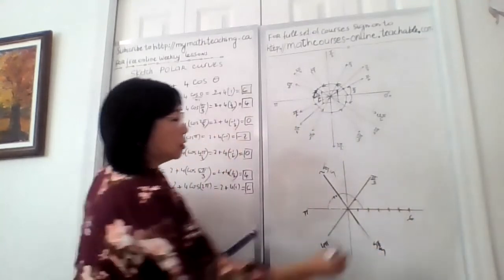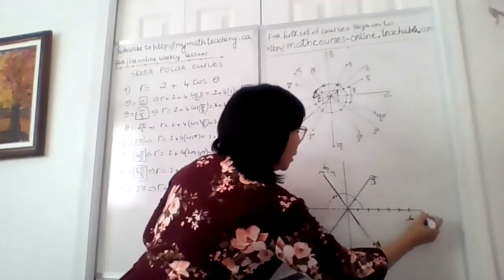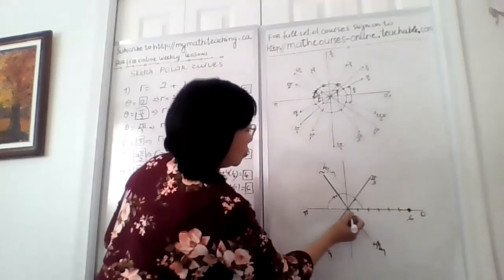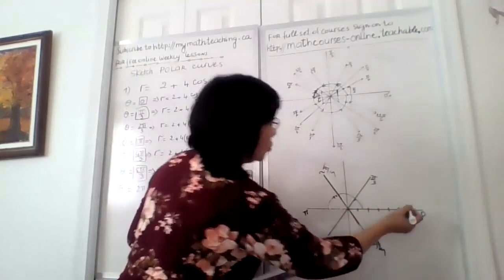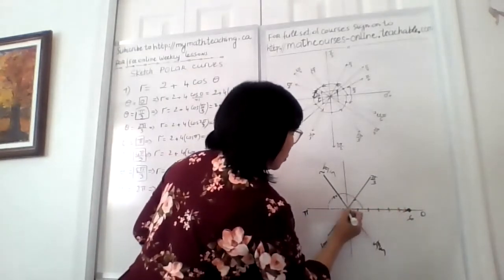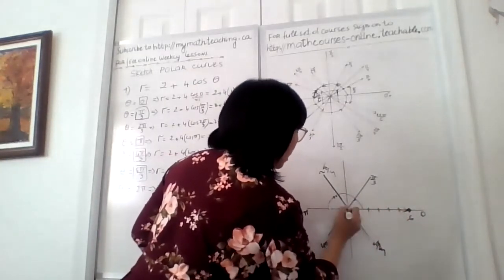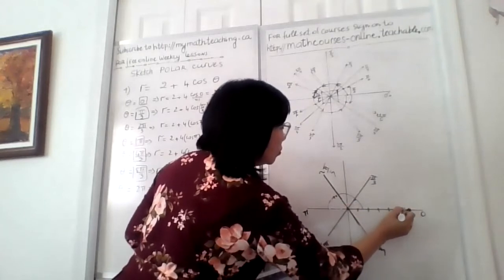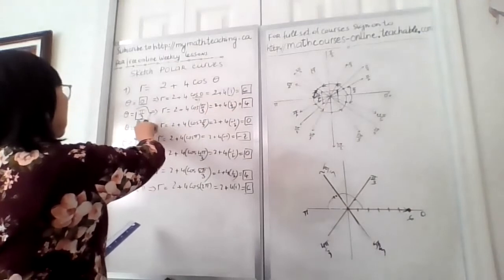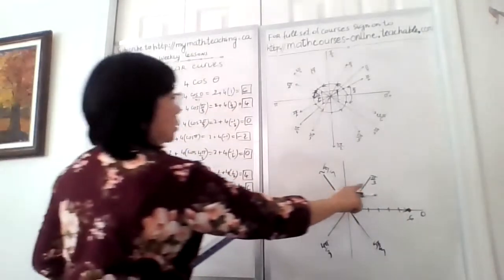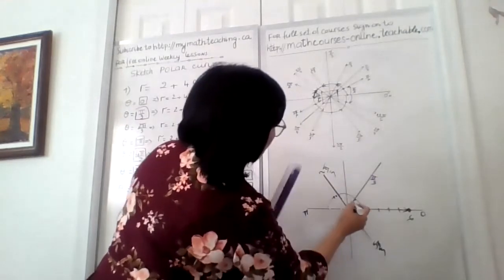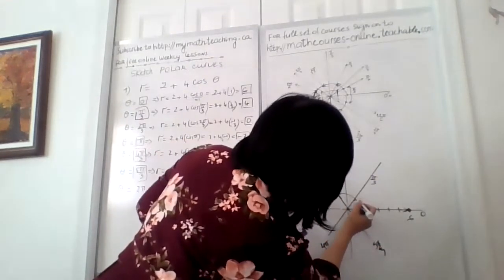So this is 6. So when I plot the point at theta equals 0, we plot the point r equals 6. So the r is from here on the way to here. And let's put the arrow so that we know the direction we go, right? If theta equals 0, we start from 6. Now we go to pi over 3, which is this line, this radius. And we're going to scale exactly the same like this.